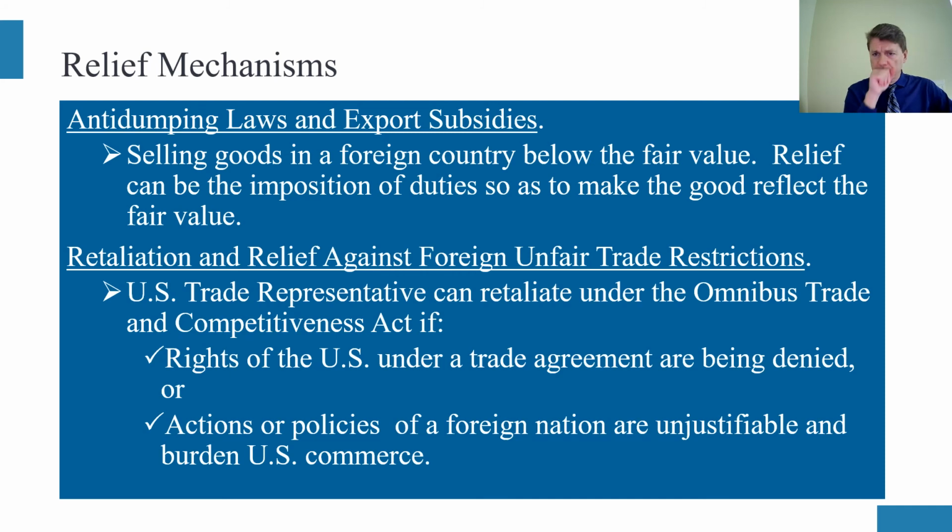Relief mechanisms. If you suspect that dumping is occurring, where a company or a government outside the United States is artificially lowering the price of a good and shipping it into the U.S. in order to hurt domestic-made production, you can make a request to the U.S. Trade Representative.